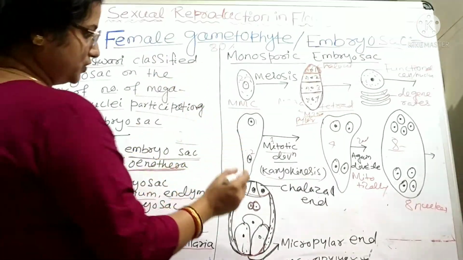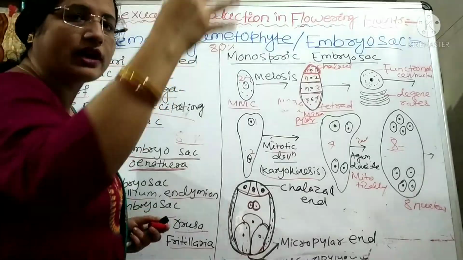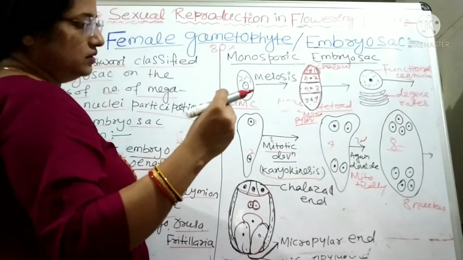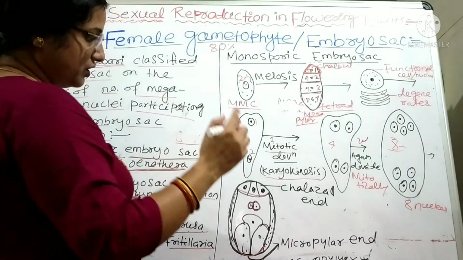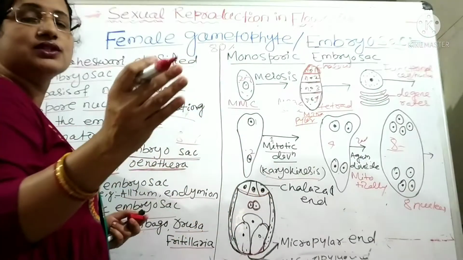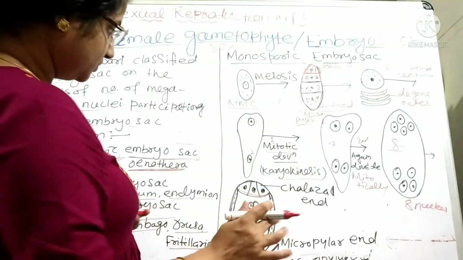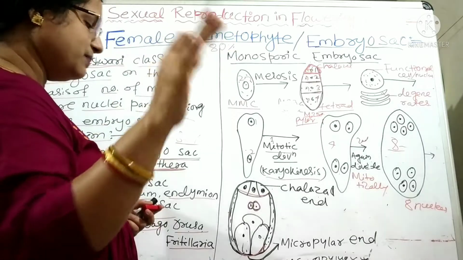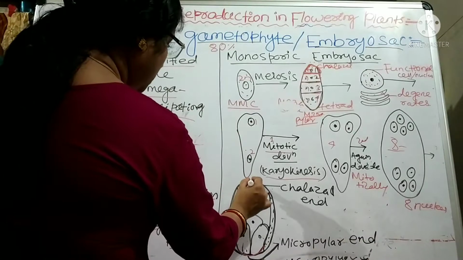The nuclei then get surrounded by cytoplasm. Hence cytokinesis is now occurring. The cytoplasm now divides.